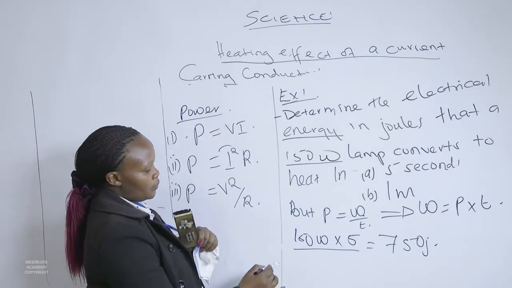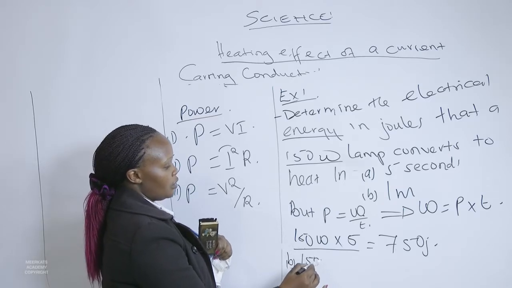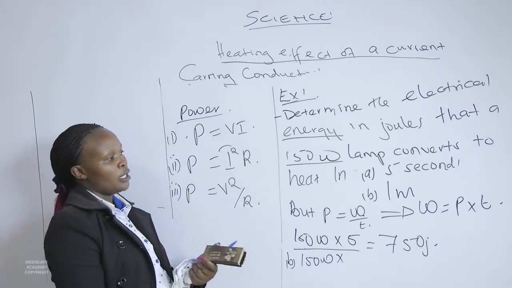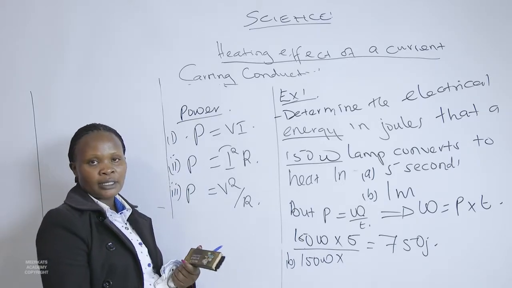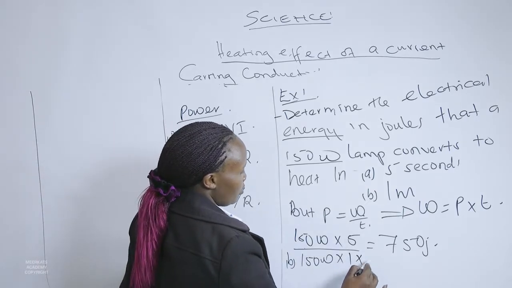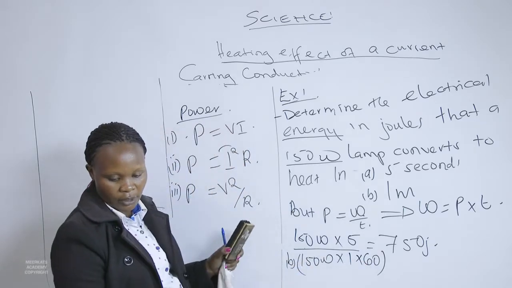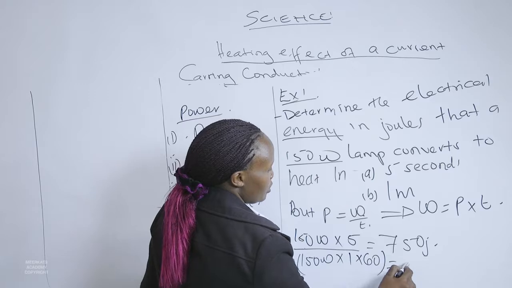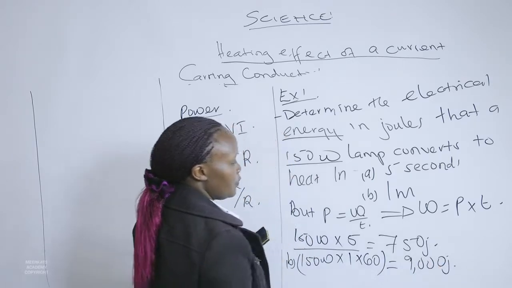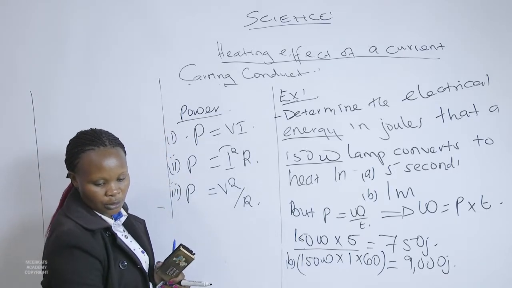Now part B, we have the same power, 150 watts, but now the time is given in minutes. Therefore, we have to convert that to seconds by multiplying the time by 60. And the product of that is 9,000 joules.